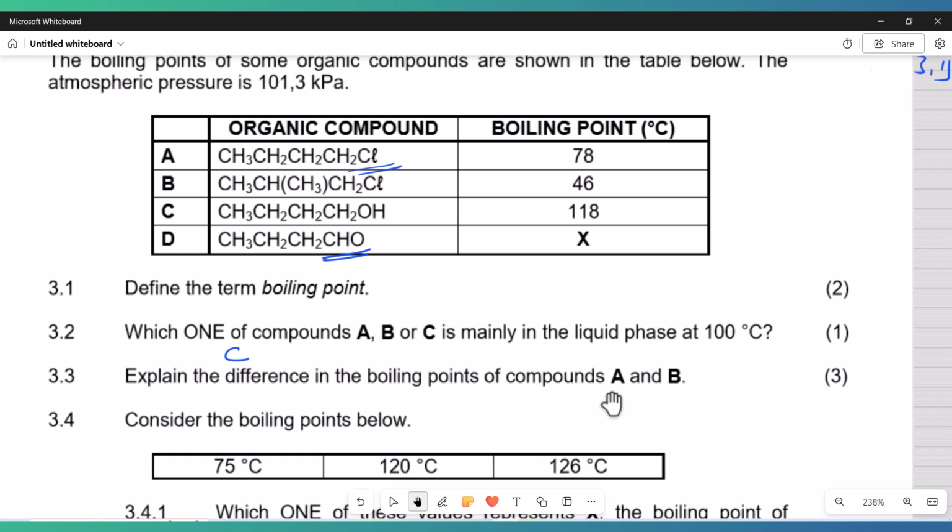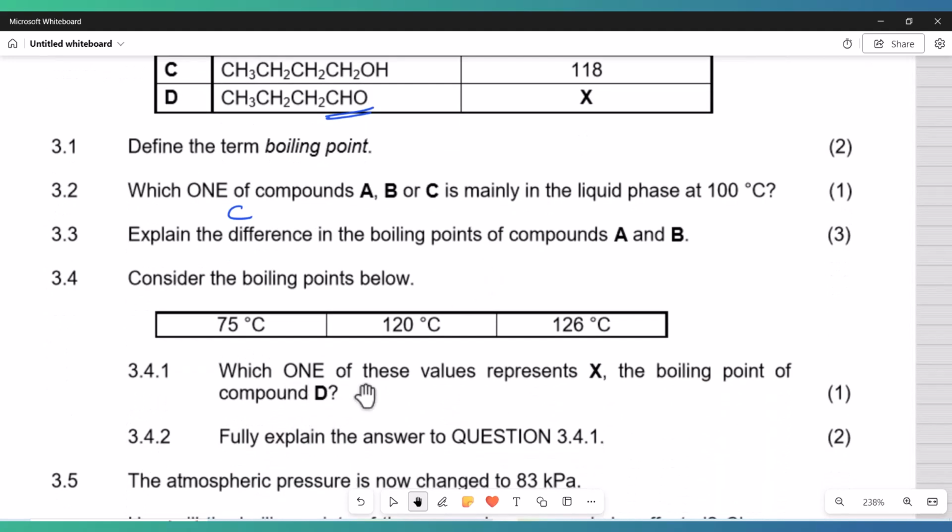So because of that, let's check it here. Which one of these values represents X, the boiling point of compound D?